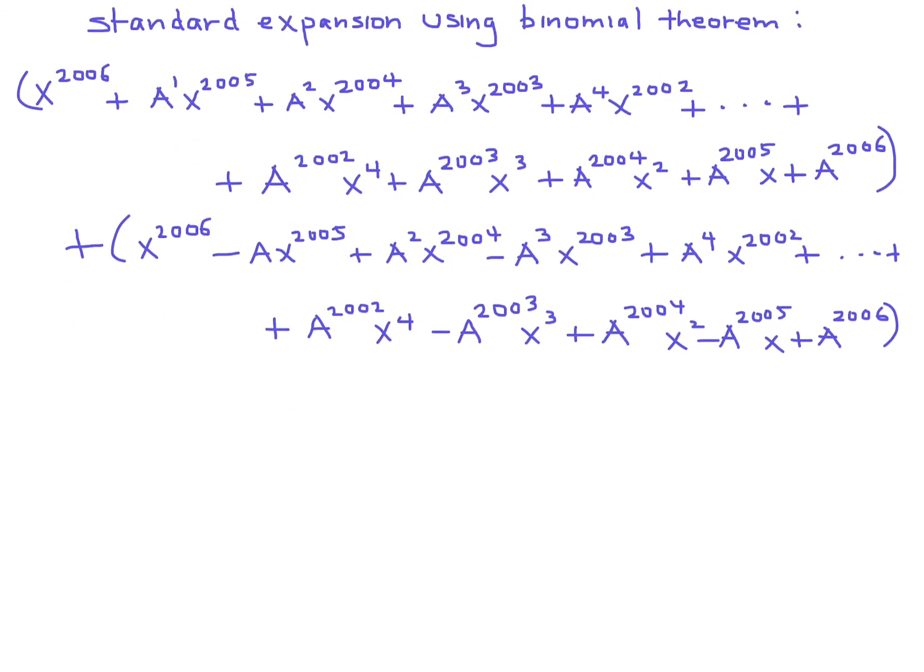Okay, here we go. Now the good news is we collect like terms here, and we can do it without, of course, doing the full expansion, because that would take forever.